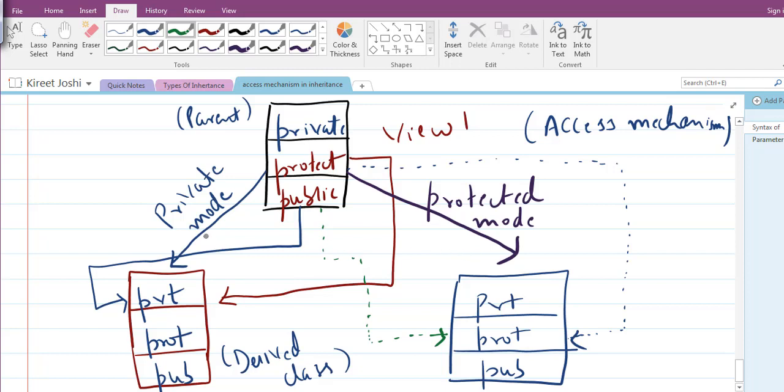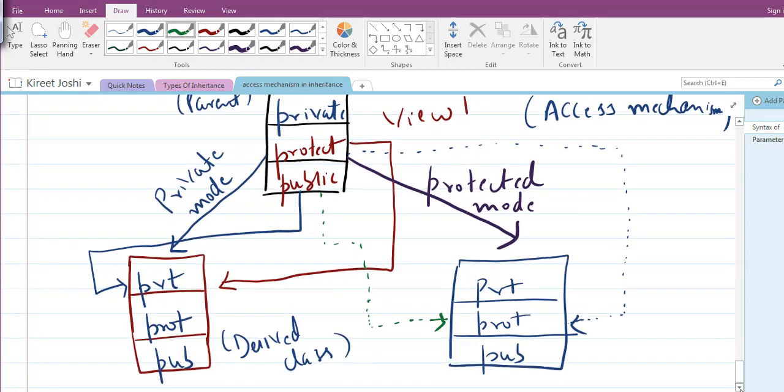If you compare private and protected, in private mode the protected and public members are treated as private in the derived class, but if the mode of inheritance is protected, the protected will become protected and the public will become protected in the derived class.